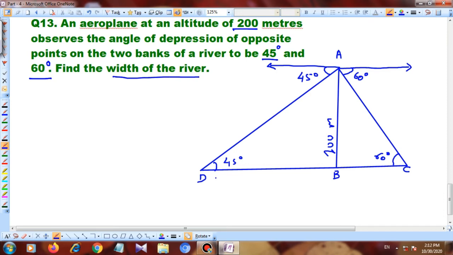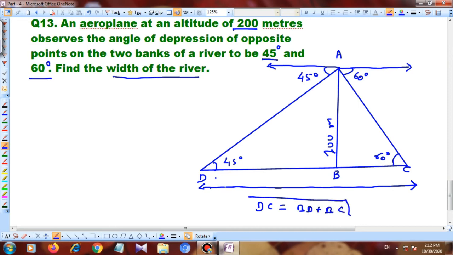Means width of the river means this will be width of the river, right? It means width of the river is DC. So DC equal to BD plus BC, right? So this is the width of the river. So B and C are the banks of the river.